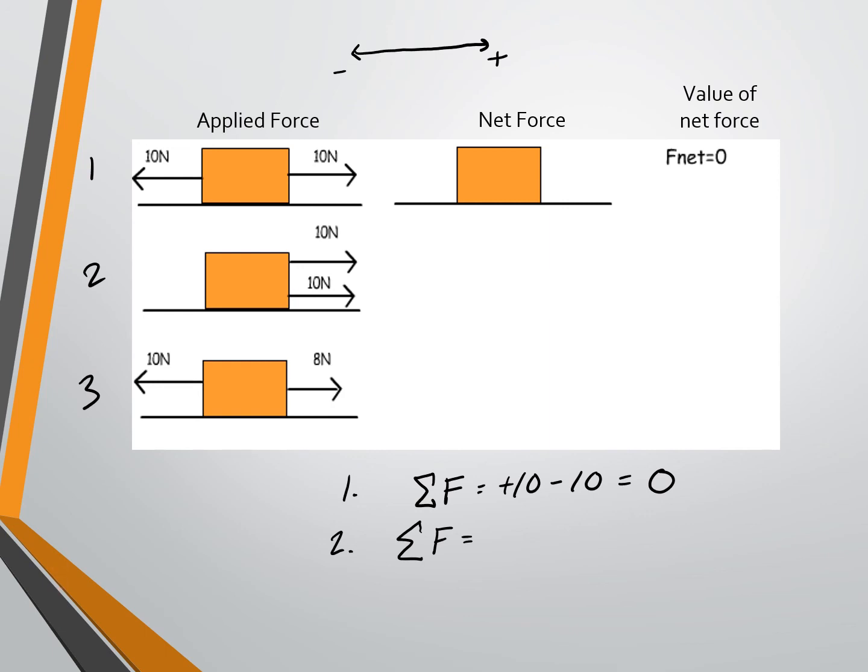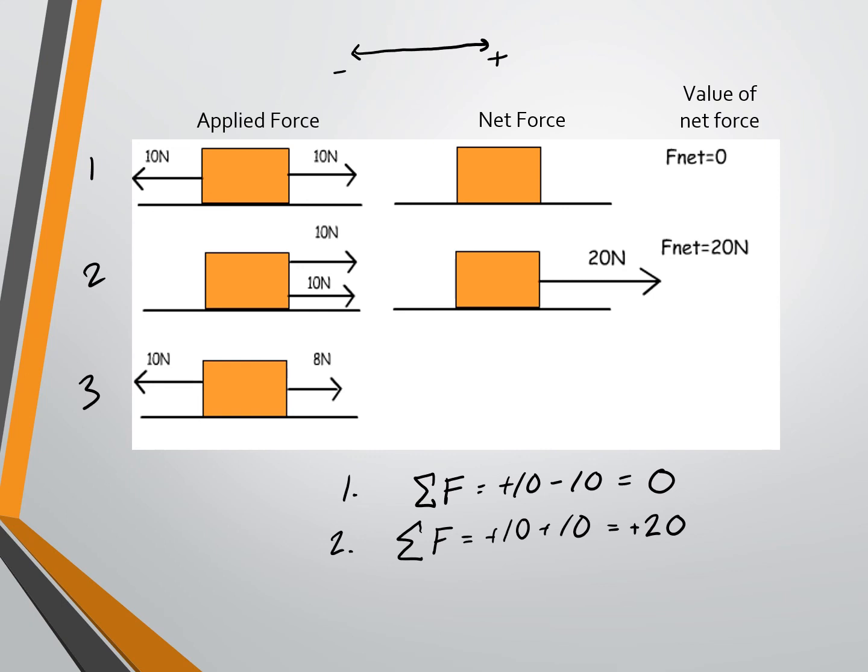So I'm going to have positive 10 plus 10, which is a positive 20 value. So in example 2 here, I do not have Newton's first law of motion, right? Because I have a non-zero force acting on my box.